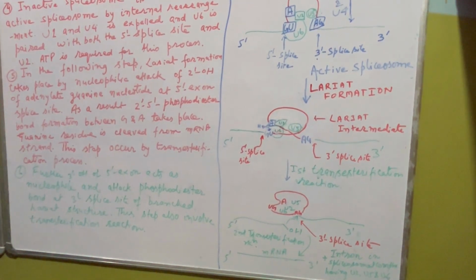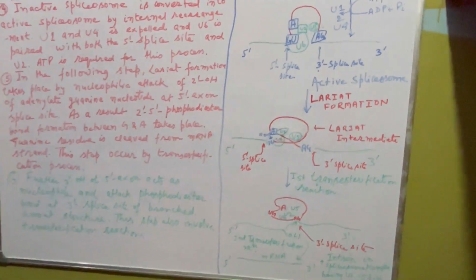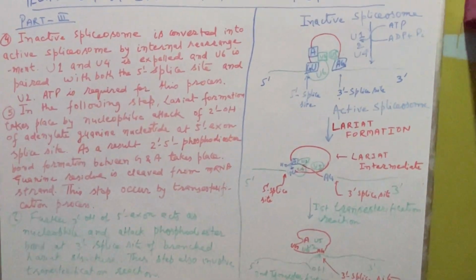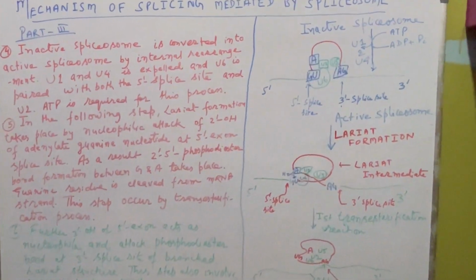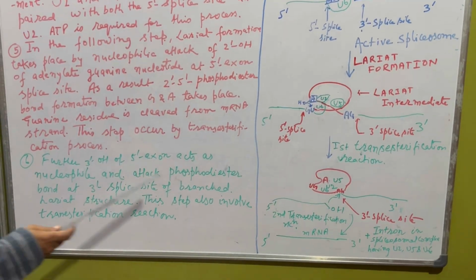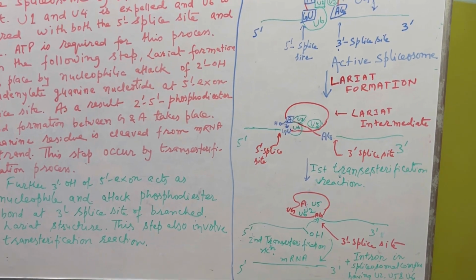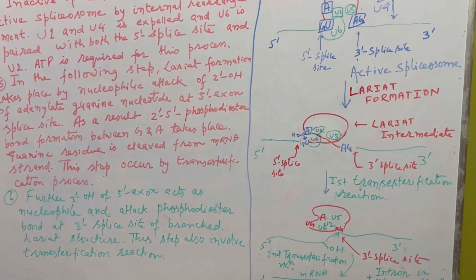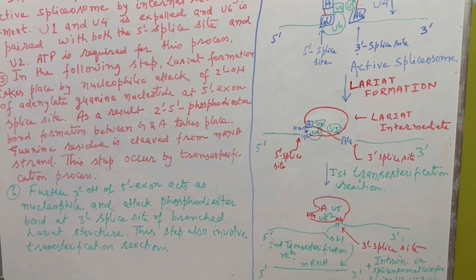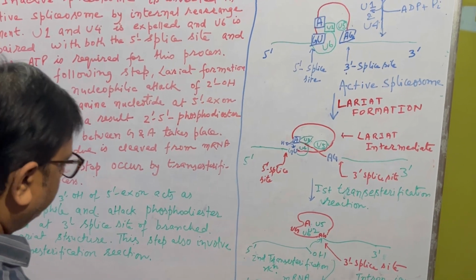Now further, once guanine is cleaved, you have the 5' exon having a free 3' OH, and this 3' OH group then attacks the 3' splice site of the branched lariat structure. Here you can see this is the branched lariat structure.